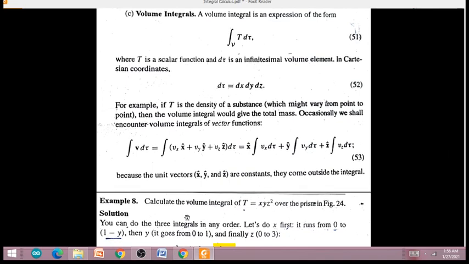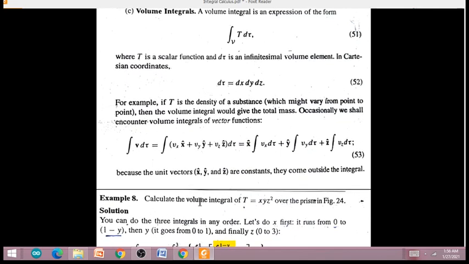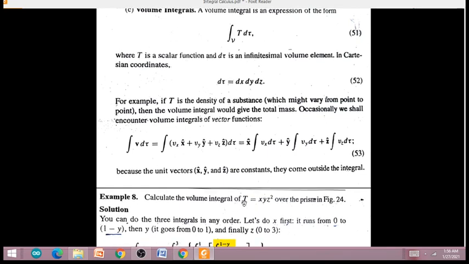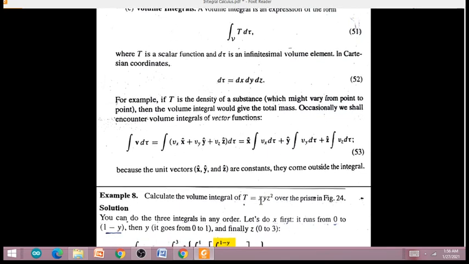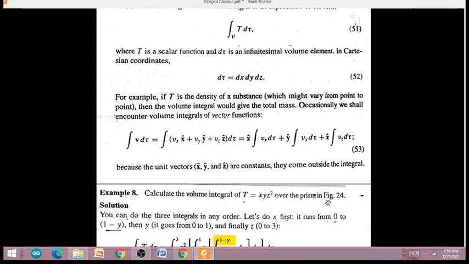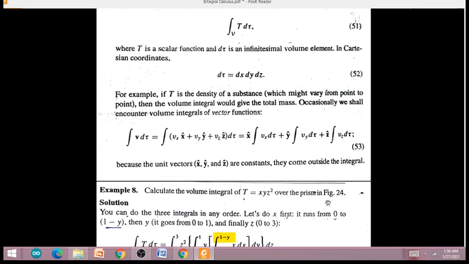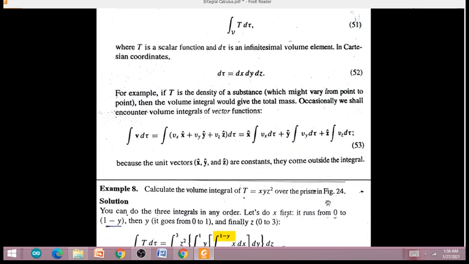Let us check example calculation number 8. Calculate the volume integral of t equal to x y z square over a prism. Again warning you, it's a very nice example, try to digest this example.